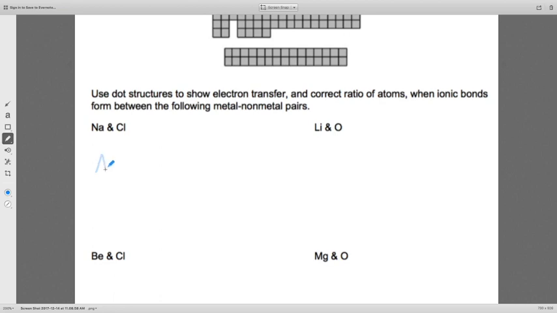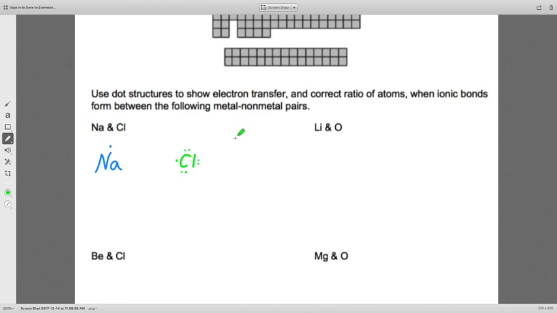So we can write sodium with a dot. I'll change colors for chlorine. Chlorine, 7 valence electrons again. So 1, 2, 3, 4, 5, 6, 7.